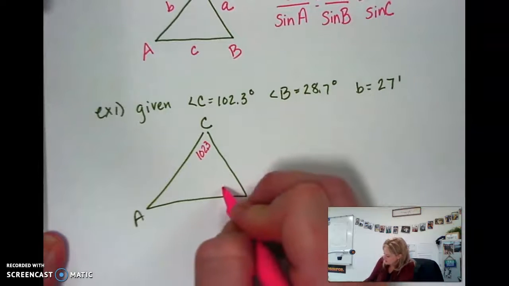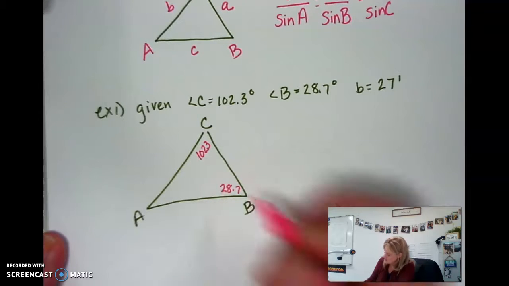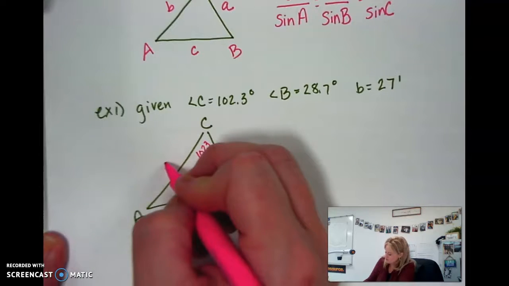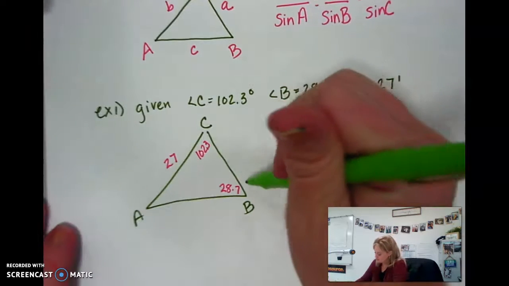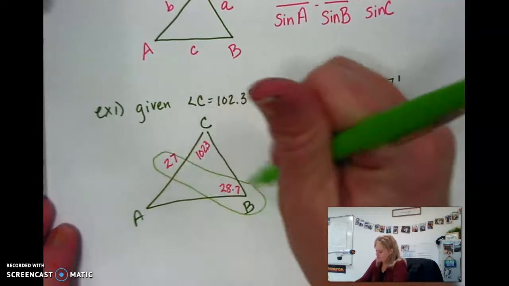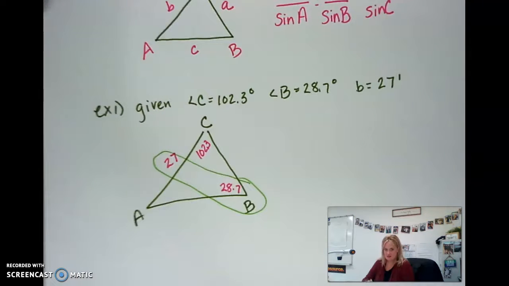We know angle B is 28.7, and we know side B is 27 feet. So I'm looking for a pair of a side and an angle that I have for a match. And I have that right here in B. So this now lets me use the law of sines.